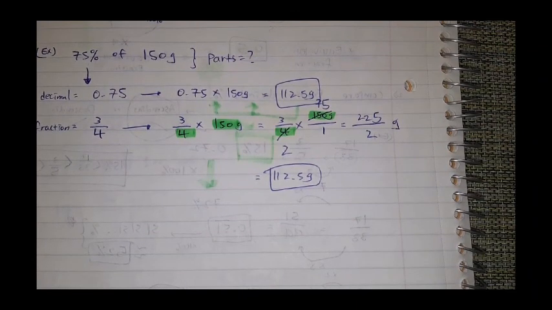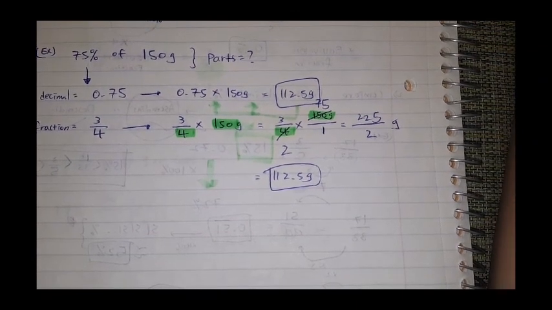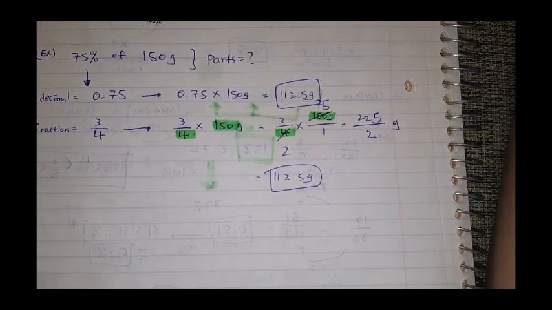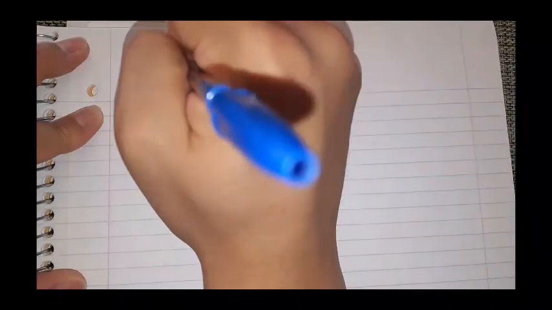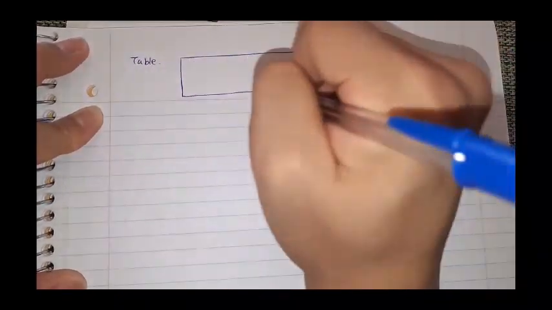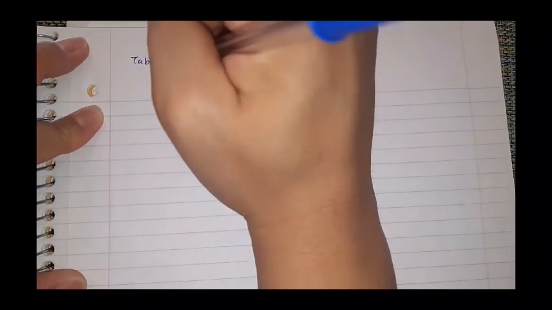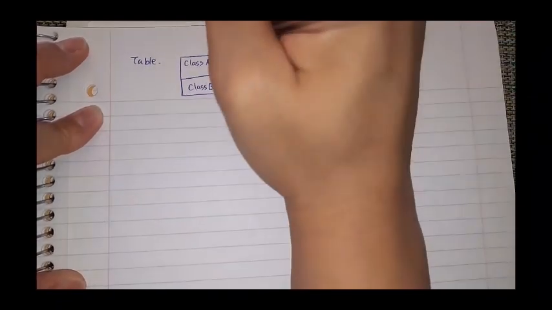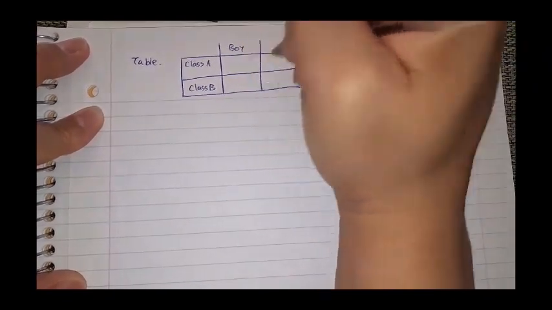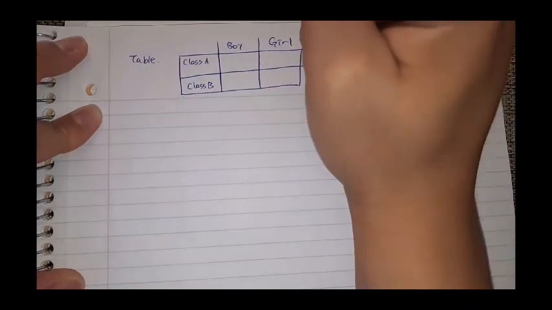Another situation, this one I gotta create some kind of scenario. Let's say if I have any type of table of data, and let's say we have class A, class B, and we have boy population, girl population, something like that.